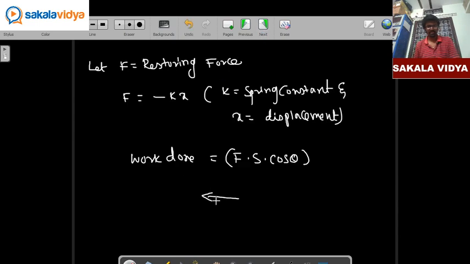This shows the restoring force is in the other direction, and the displacement made by the spring on the application of force is in the opposite direction, which means the angle between them is 180 degrees.